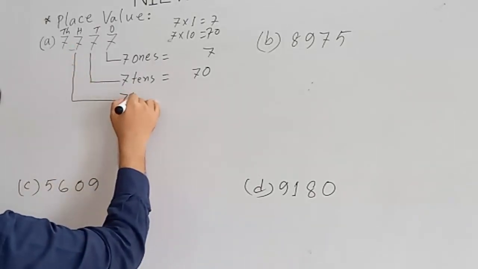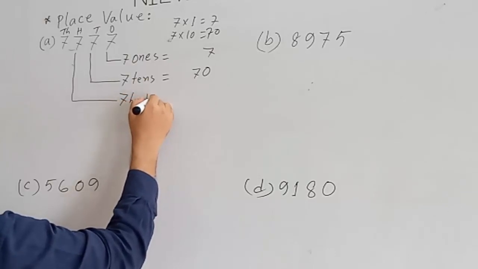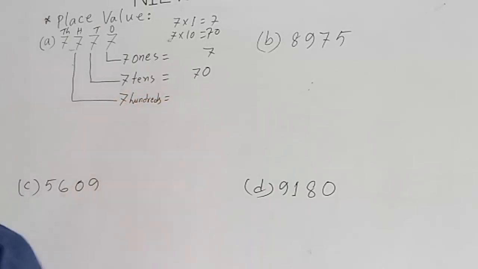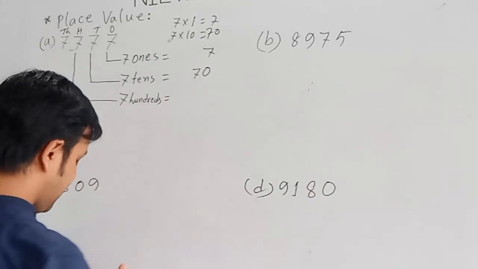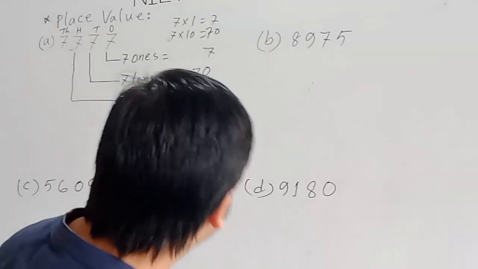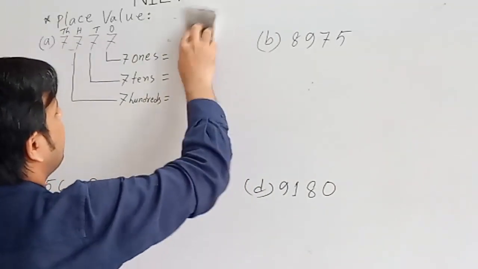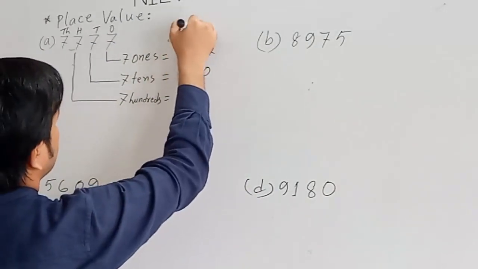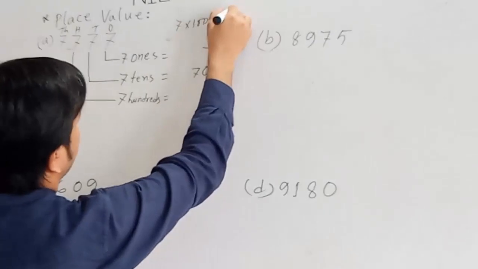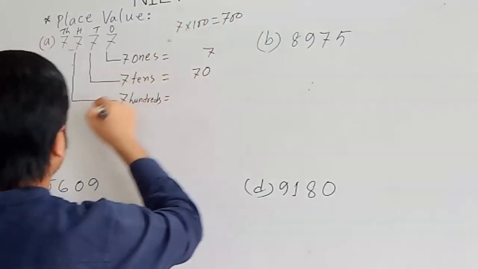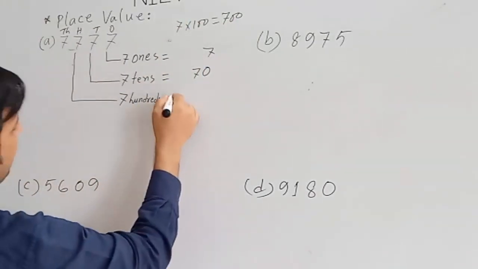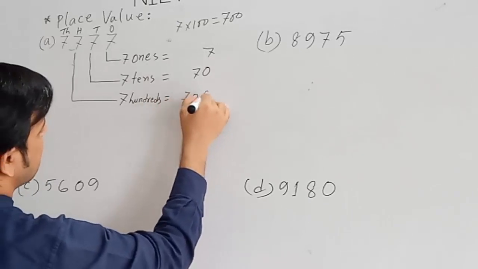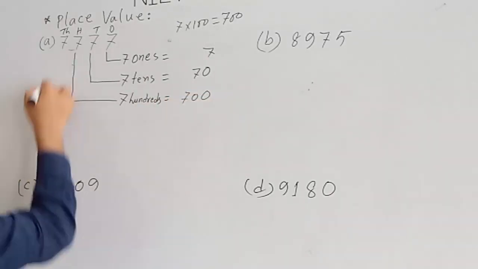So we have to multiply 7 by 100. This will be 700. So the value of 7 in hundreds position is known as 700.